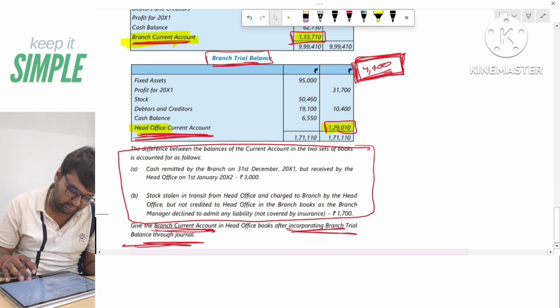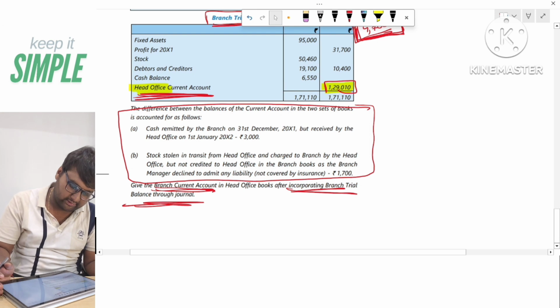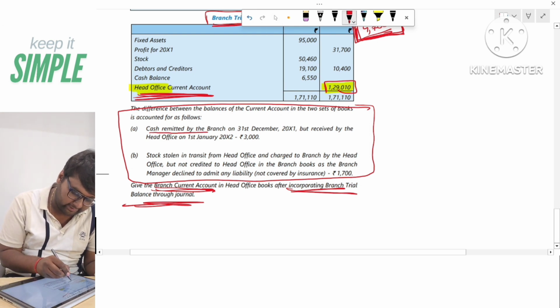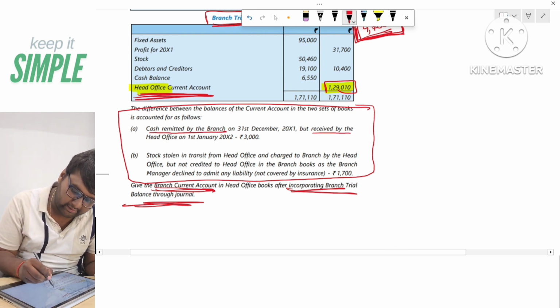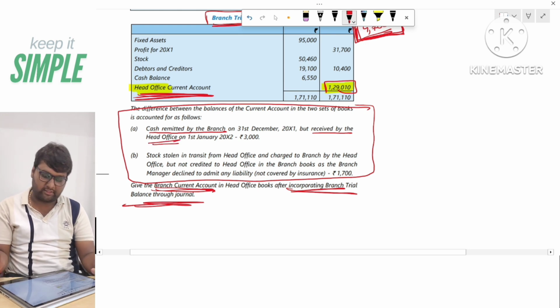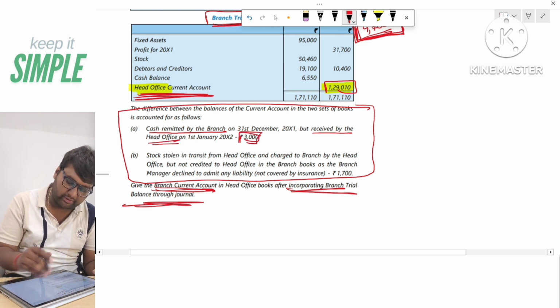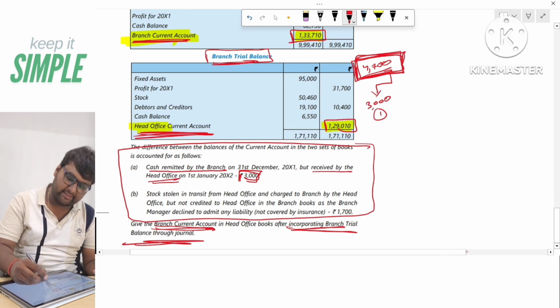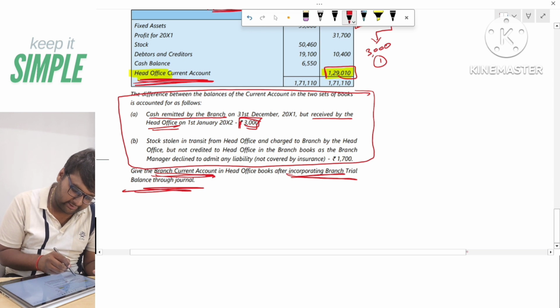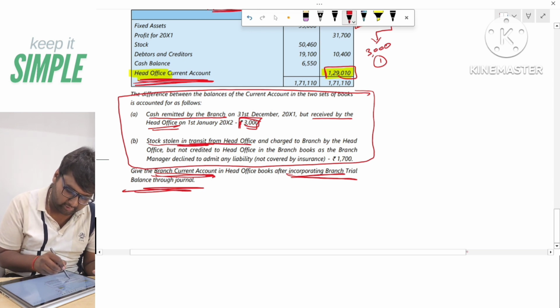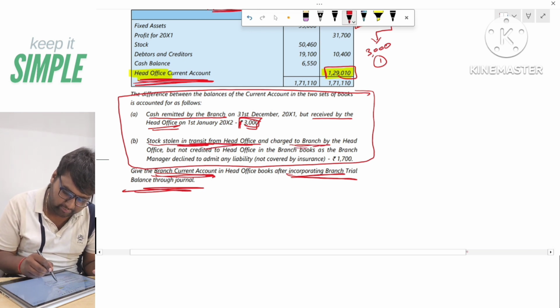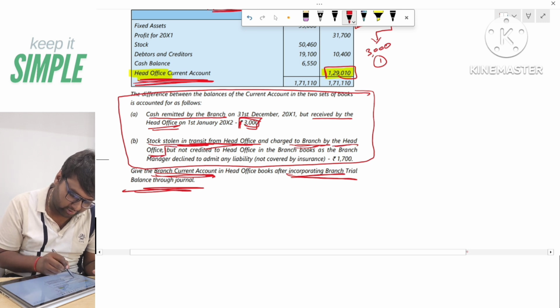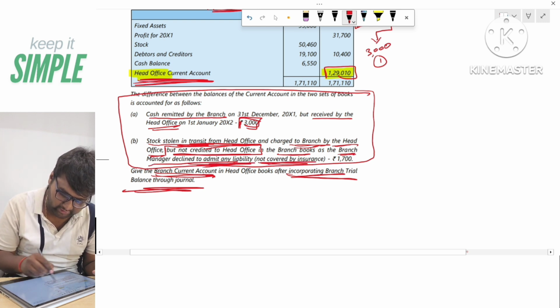Let's come here. We have been given that cash remitted by branch but not received by head office is 3,000 rupees. So we got a difference of 3,000 rupees. That's the first adjustment. The second adjustment is stock stolen in transit from head office and charged to branch by the head office but not credited to head office in the branch books, as the branch manager declines to admit any liability, not covered by insurance, 1,700.